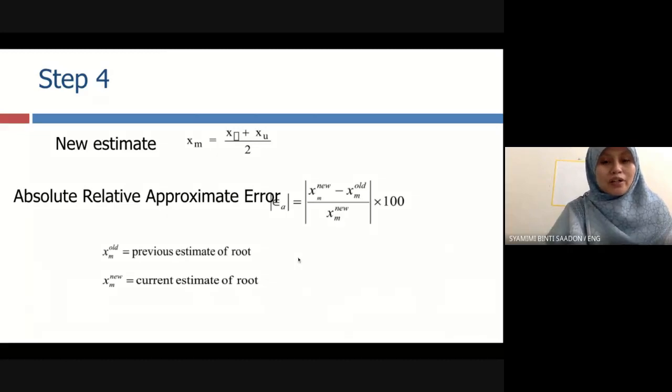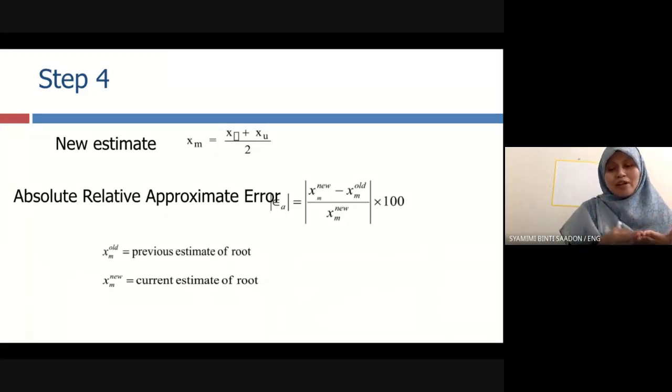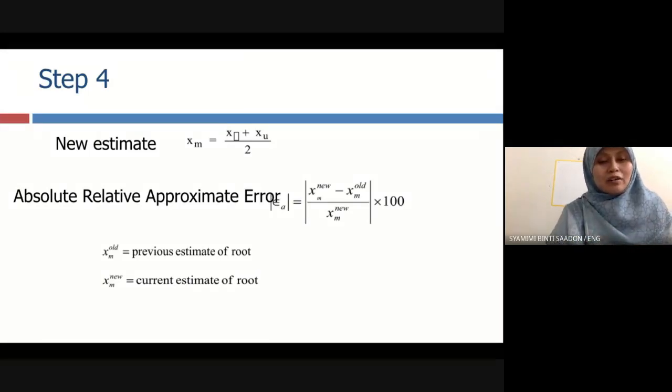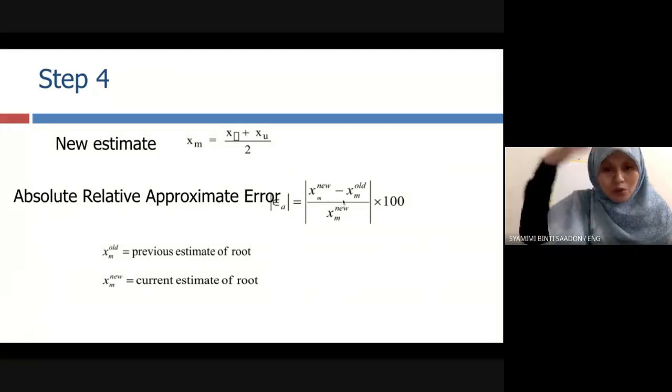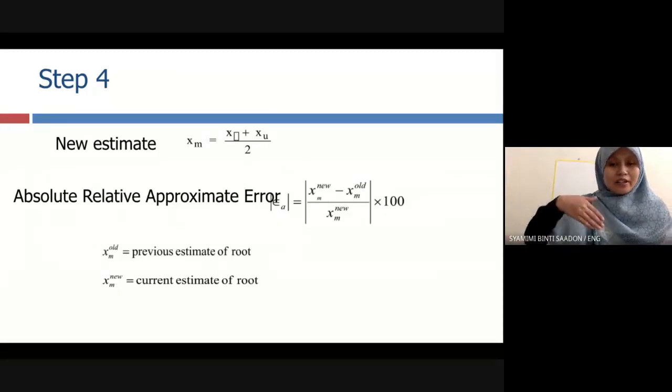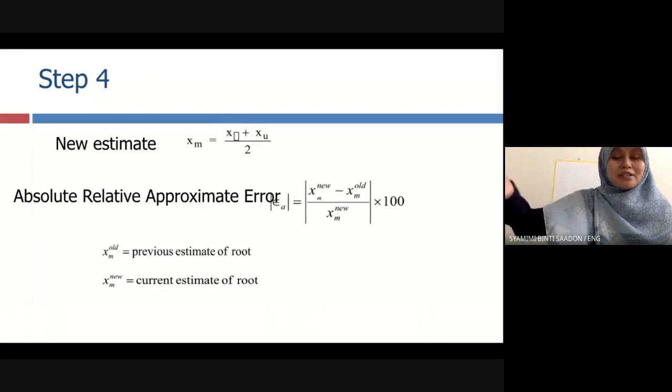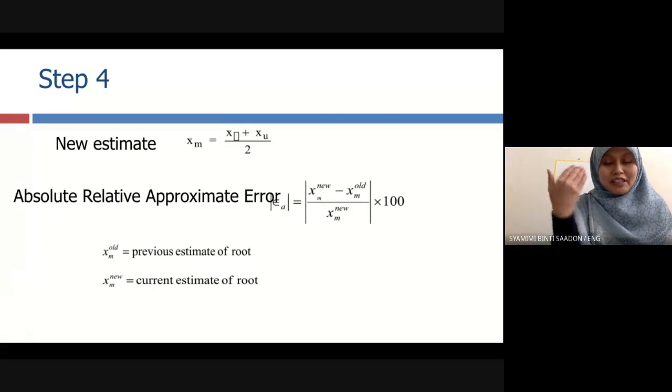In order to ask the program to stop, we have to write an approximate error, where we apply a relative error. How do we calculate this error? It is the absolute value of the difference between the current and the previous XM that we have found, over the current XM, multiplied by 100 to get the percentage.